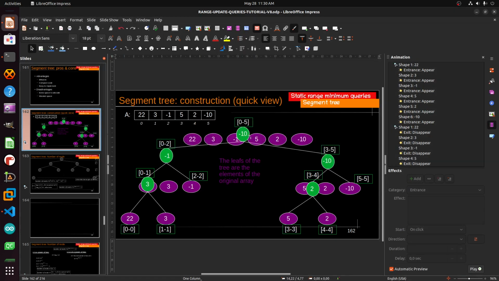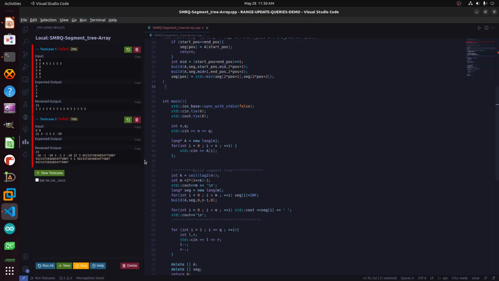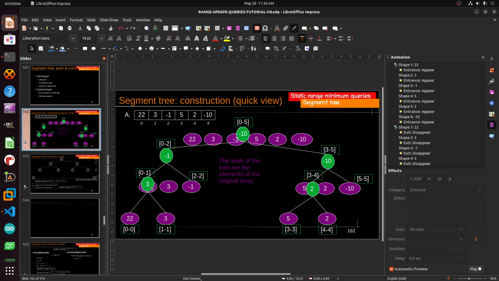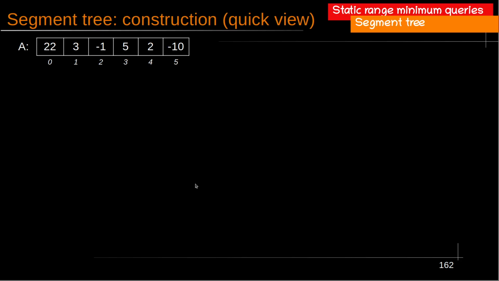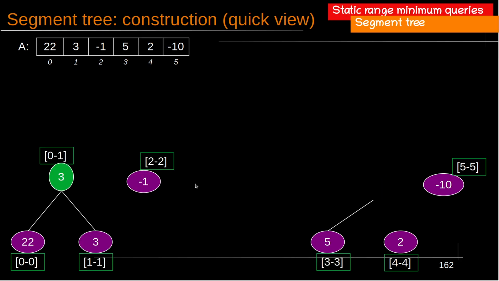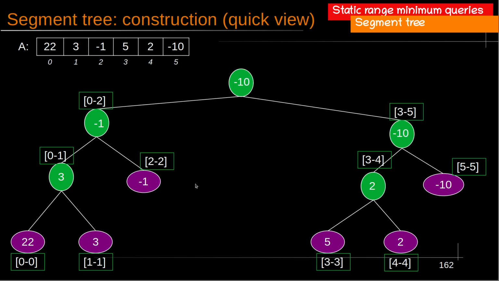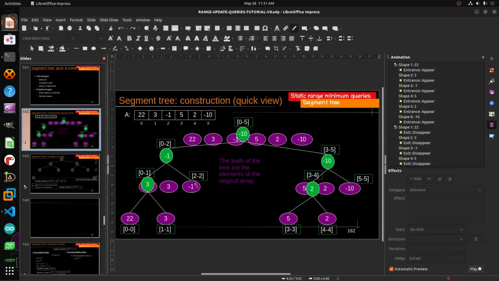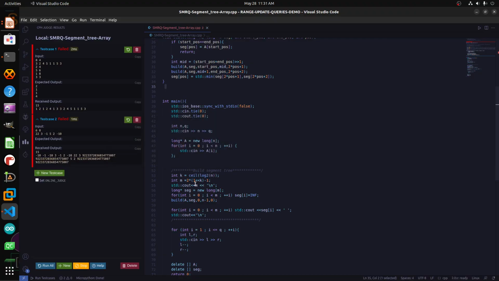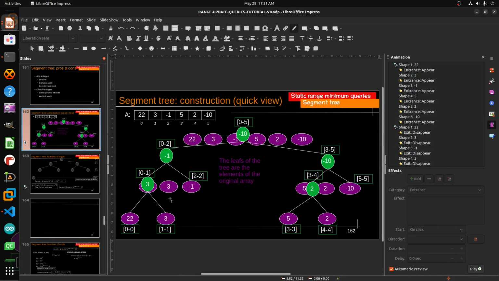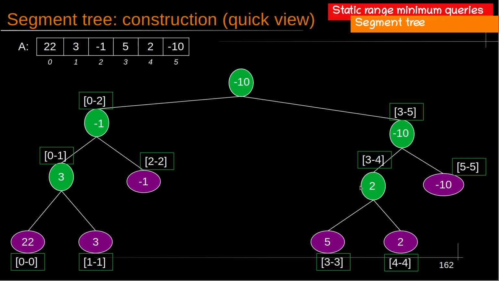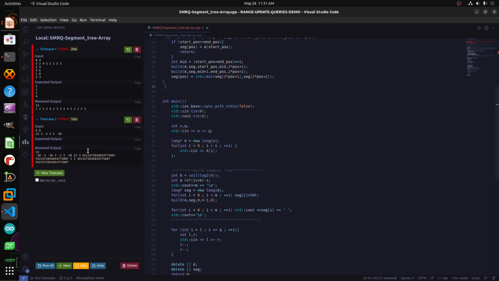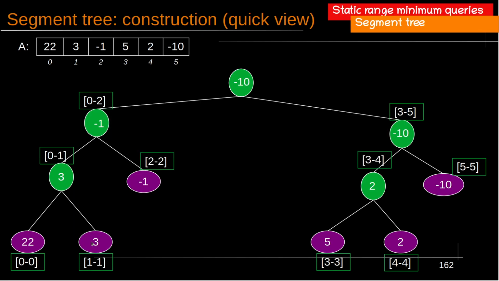Let's see it here. I have minus 10, then minus 1, minus 10, 3, minus 1, 2, 3, minus 10, 22, 3.